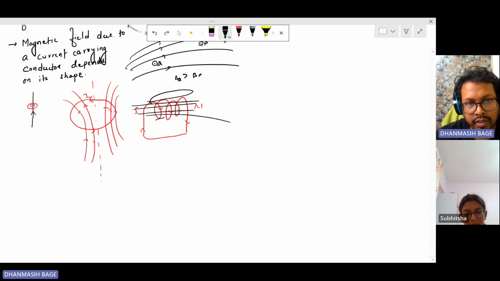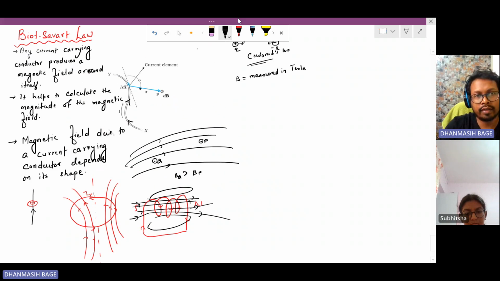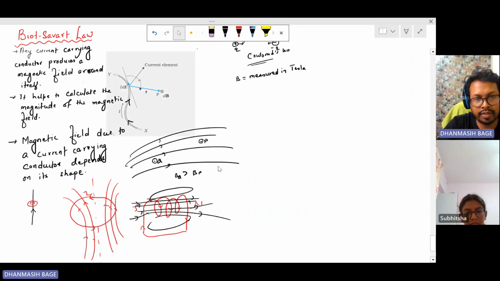They never cross each other. So if you change the shape of the conductor, the magnetic field will also change, right? The magnetic field lines around it are changing. It means the magnetic field is changing. Simple. But we do not need to do this here. Let us just talk about the statement.